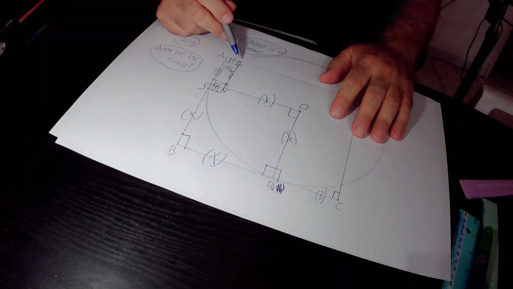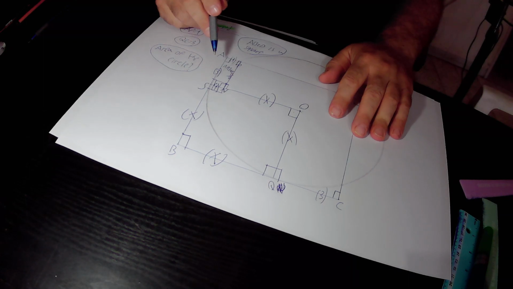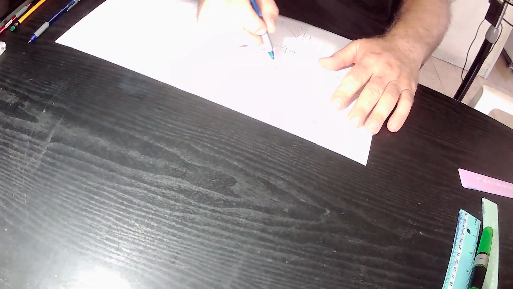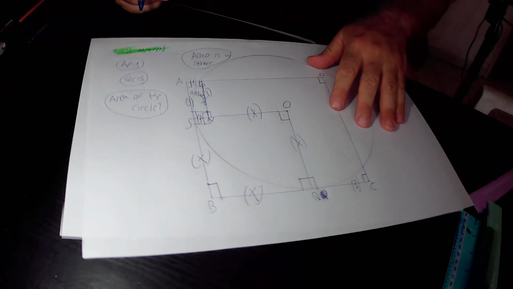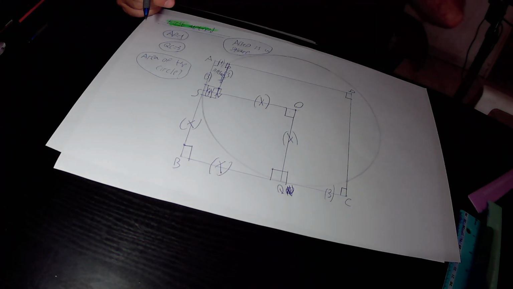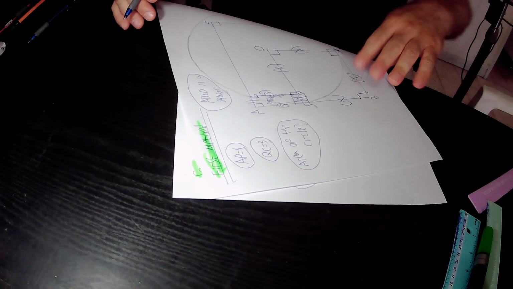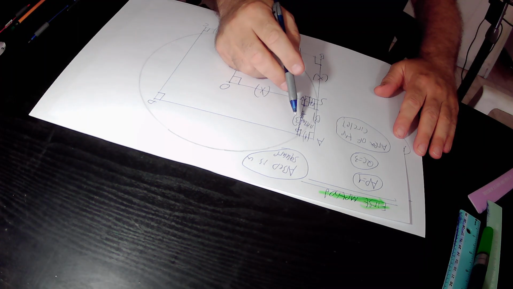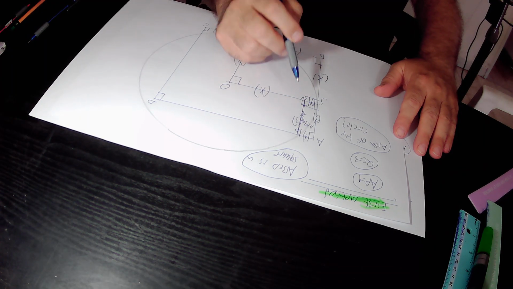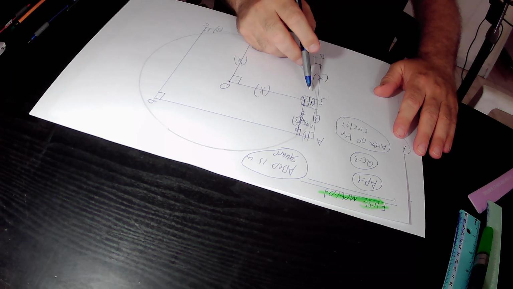But AS is 3, therefore PN must also be equal to 3 units in length. So inside quadrilateral APSN, PN equals 3 units in length and SN equals 1 unit in length.